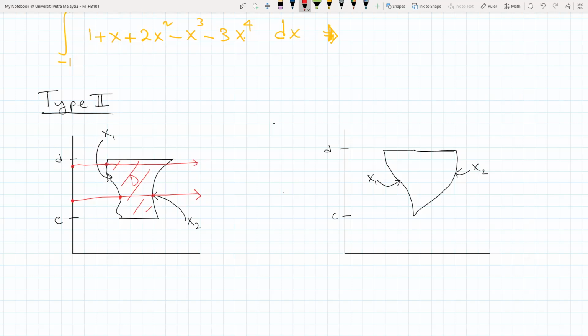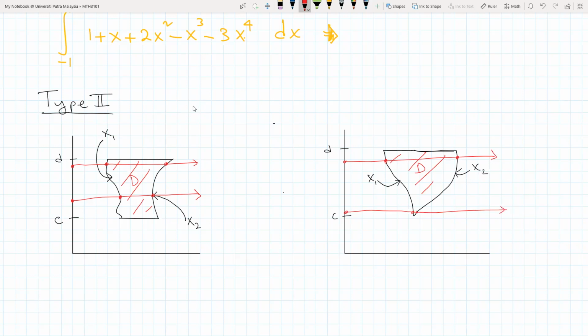We entered on x1 line, we exit on x2 line. Same thing on this type of region. Enter on x1 line, exit on x2 line. Close to the boundaries, we also entered on x1, exit on line x2. Okay, so that's type 2.